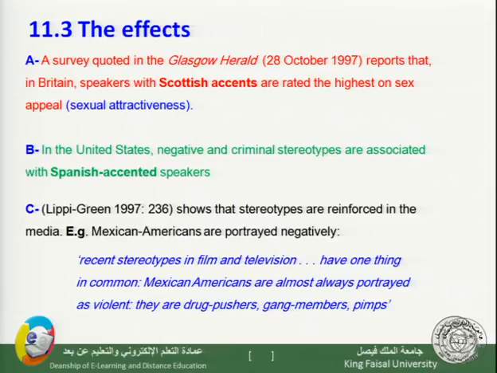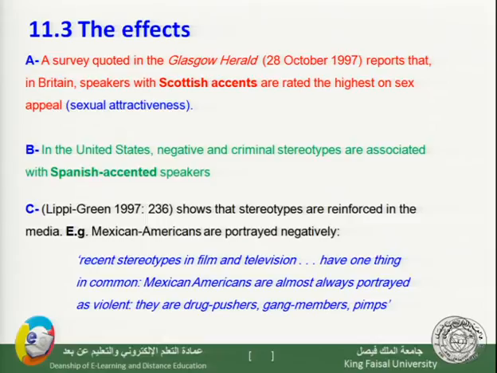So up till now we have southern accent, criminality; Birmingham accent, also criminality; New York accent, untrustworthy; Scottish accent, sexually attractive; and a Spanish accent, untrustworthy, criminal, or negative behavior.